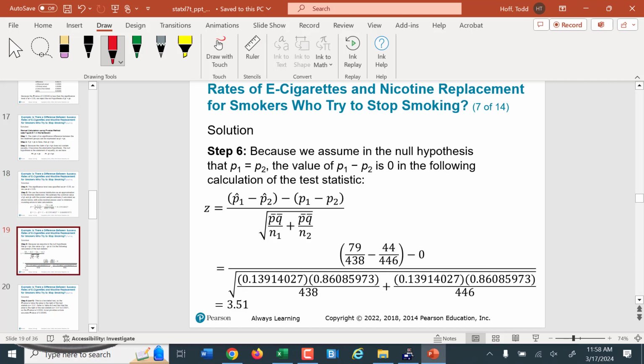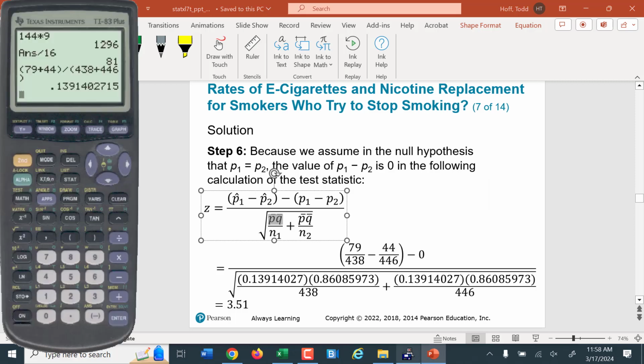So because we assume in the null hypothesis that the proportions are equal, and therefore P1 minus P2 is 0, then we can use the P bar in this calculation. So we have proportion 1 minus proportion 2 minus, this is from the null hypothesis, remember that's 0, so we put 0 in there. And then we use that P bar and Q bar for our standard error.